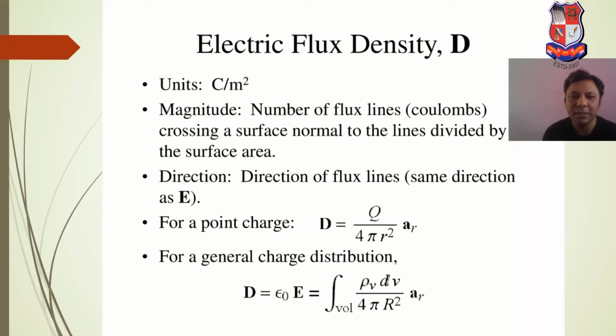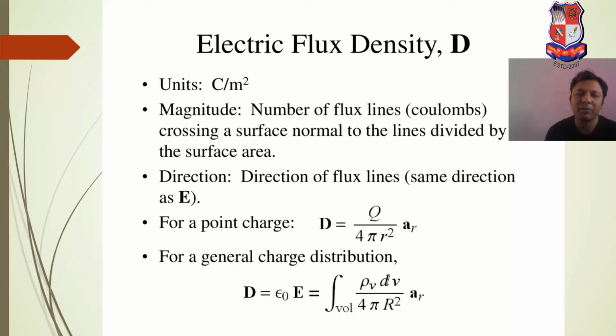And the density you can also define as epsilon 0 into A into E. Epsilon 0 is the absolute permittivity, and E is your electric field.